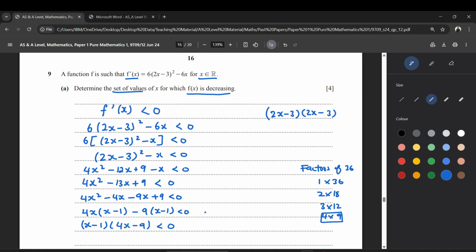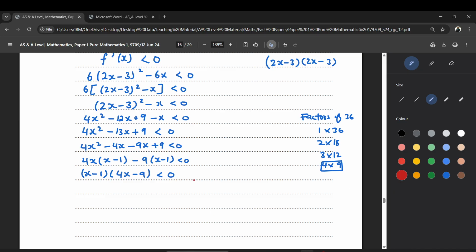Now this is where we stop. Okay, here we are going to write this as x minus 1 times 4x minus 9 equals to 0. Why? Because we have to find the critical values. So here we have x is equal to 1, and here we have x is equal to 9 upon 4. So this is what we call the critical values.